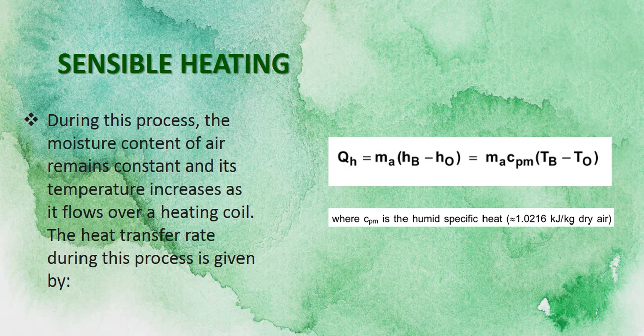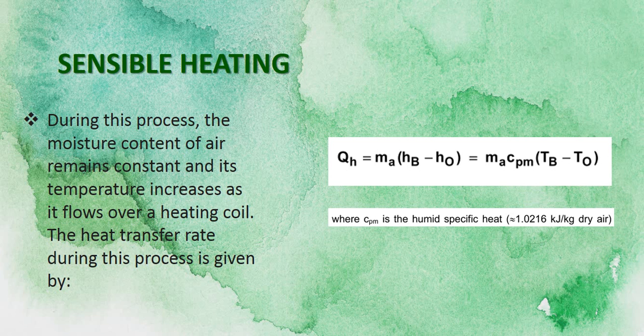Now, for heating, that's just the opposite of cooling. In this process, the humidity of air, or the moisture content of air, remains constant with its temperature being increased. How? It is passed over a coil in which there is a heating medium inside. The heat transfer rate during this process is given by the equation that you are seeing here on the left.